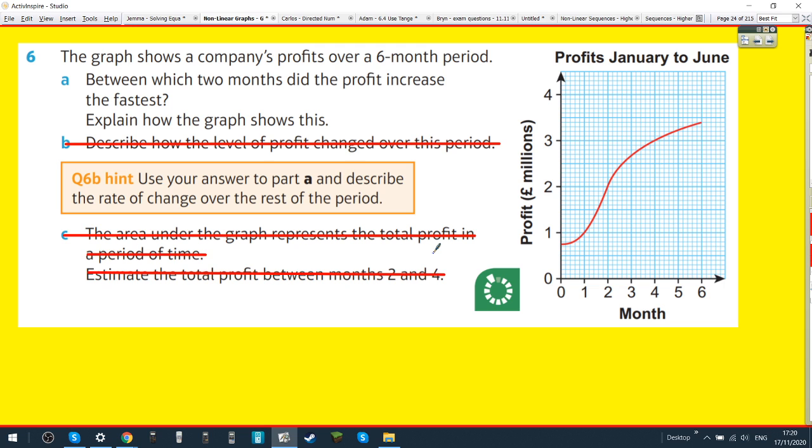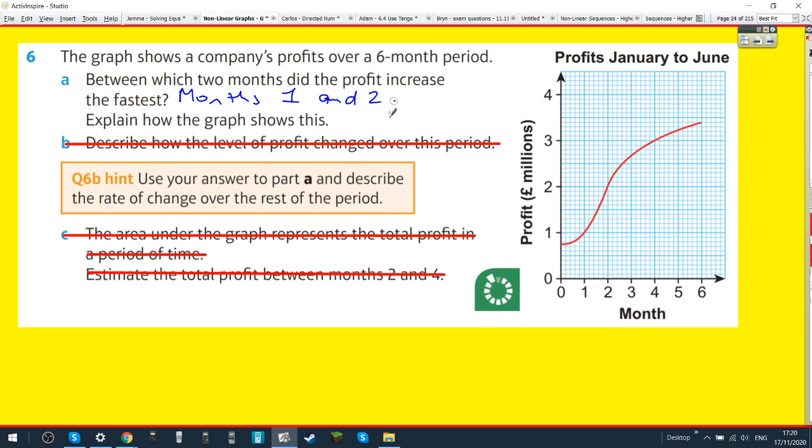So that's like 3 months. Between month what and month what? Between month 1 and month 3. You can only pick between 2 months, like a gap of 1 month. Oh, so then month 1 and month 2. Yes. And how does the graph show that?